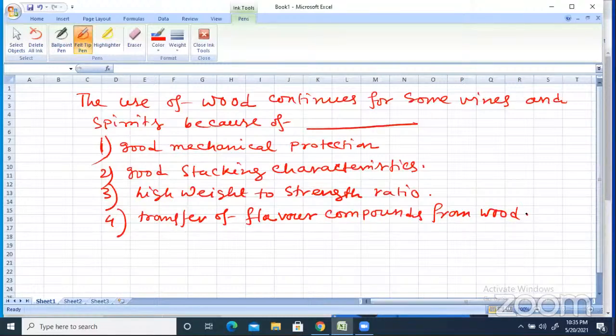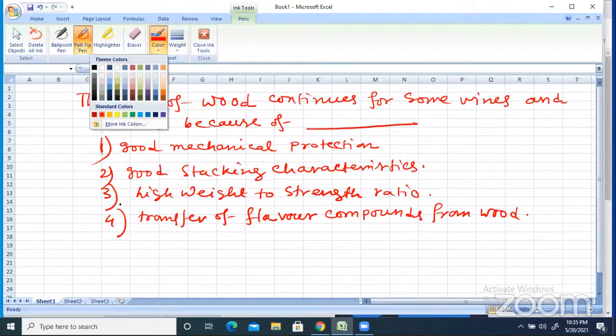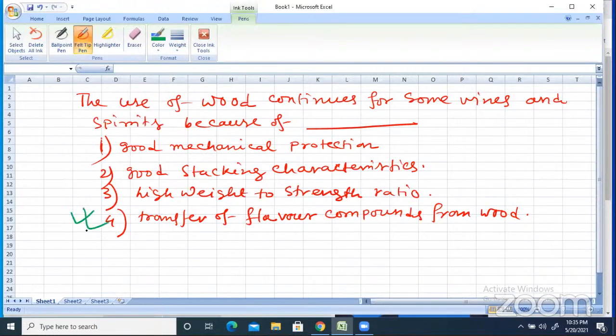Wood is very readily available and cheap, and it is widely used for tea producing. Flavor compounds are transferred from the wood to the wine or spirits. It is the main reason. So number four option will be the correct one.